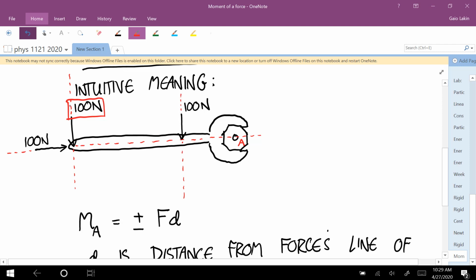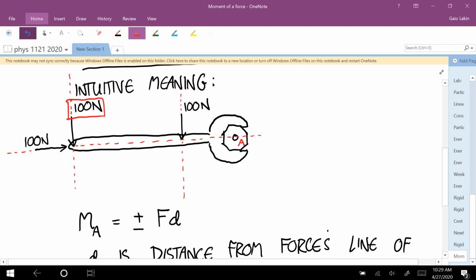Okay. Well, if this thing is capable of moving around a hinge at A, and in real life there might be a lot of other forces going on, including friction and whatever, but we're going to imagine that this 100 Newton force is the only force being applied to this body. Would that 100 Newton force make it rotate clockwise or counterclockwise?